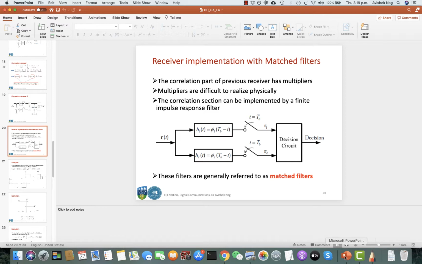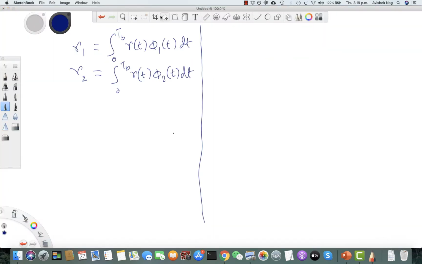So let's first look into the convolution.